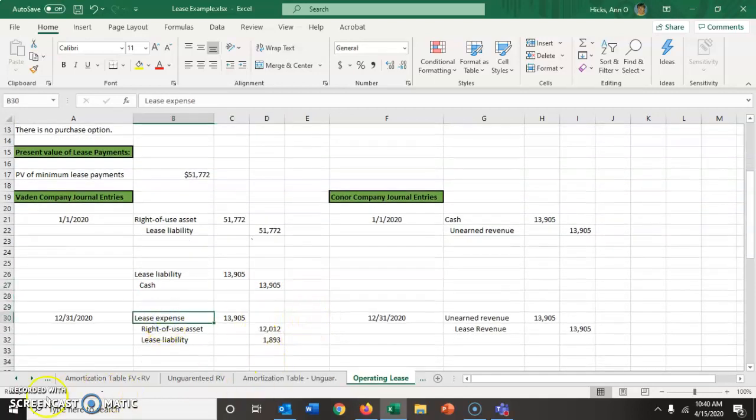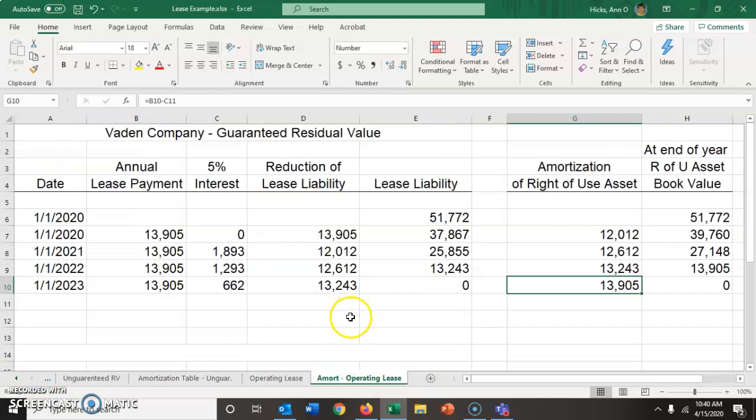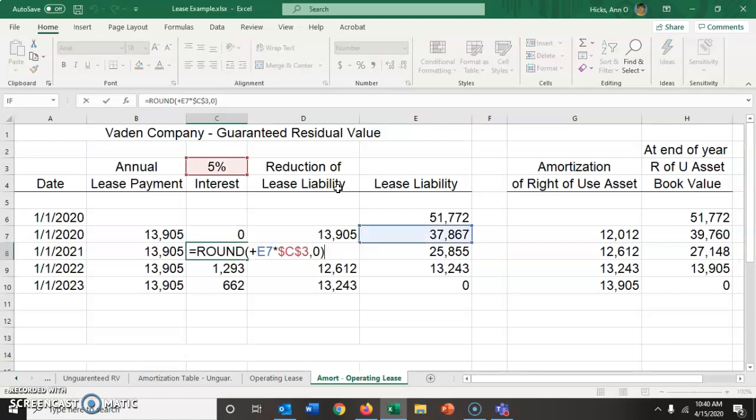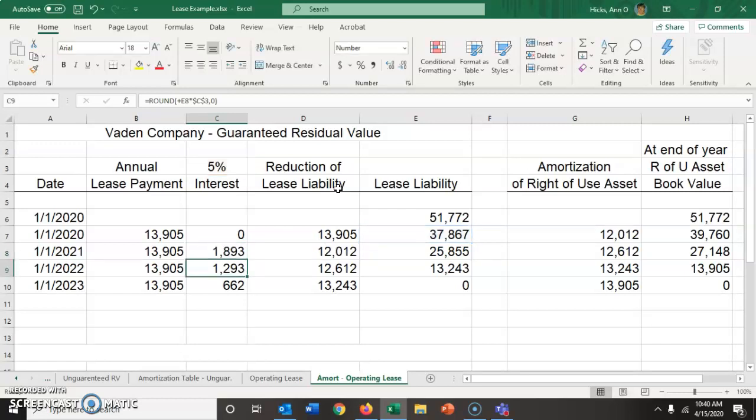Now, it's the end of the year where our entries change. So if we look at the amortization table that I put together, it's a little different. We're still going to take care of interest using the effective interest method. That has not changed. So you will see my calculation for the interest at 5% of the lease liability balance.